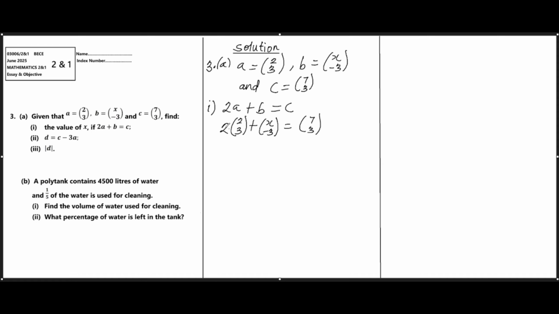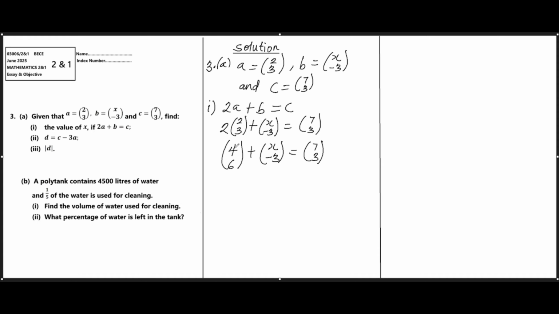So let's multiply vector a by the scalar, which is 2. So 2 by the x component, 2 by 2, we have 4. 2 by 3, we have 6. So this plus x, minus 3, equal to 7, 3. Now let's write the left hand side as a single vector by simplifying.